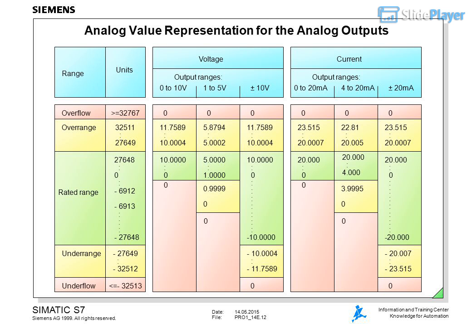Output ranges, current: 23.515, 20.0007, 20.000 for 0 to 20 milliamperes; 22.81, 20.005, 4.000 for 4 to 20 milliamperes; minus 20.000, 20.007, 23.515 for plus minus 20 milliamperes; 3.9995.